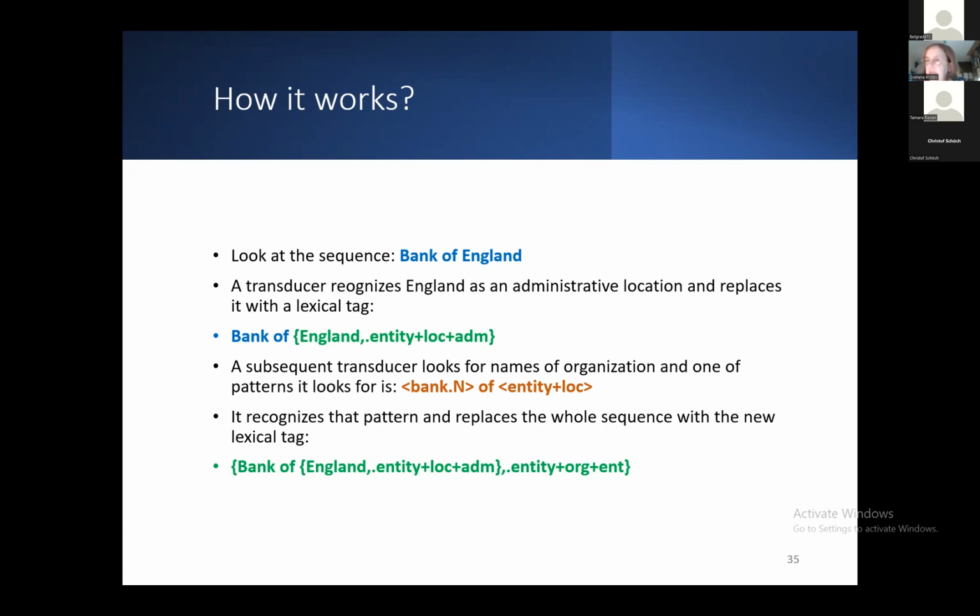Then you have the preposition of, and then it will recognize this lexical tag, England, because it has the markers entity plus location. It recognizes that pattern and replaces the whole sequence with a new lexical tag, Bank of England, and after that you have the new tag, entity plus organization and enterprise, for instance.